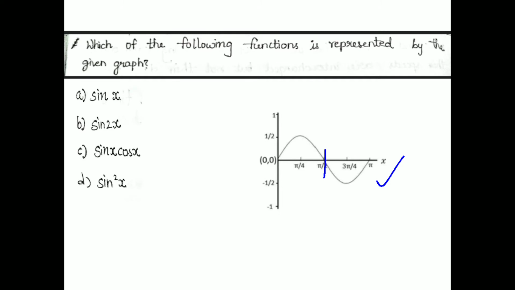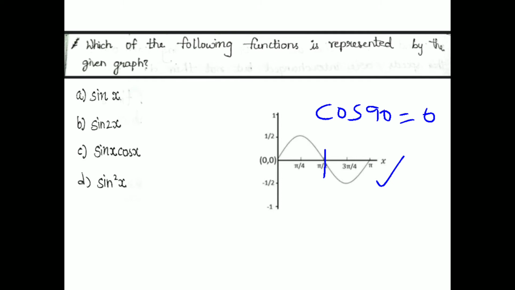So we know that another possible way is cos 90. As cos 90 is 0, by this we come to know that the function includes the cosine function.